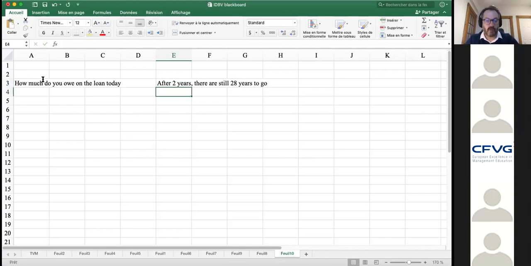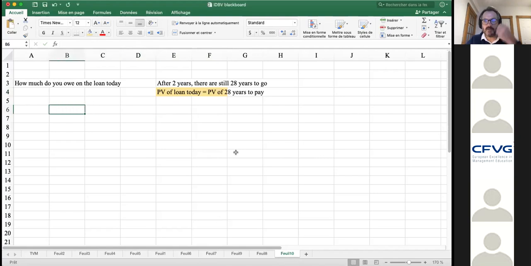So the present value of the loan today is the present value of 28 years to pay. That's the first thing we can calculate. This is how much you owe on the loan today.